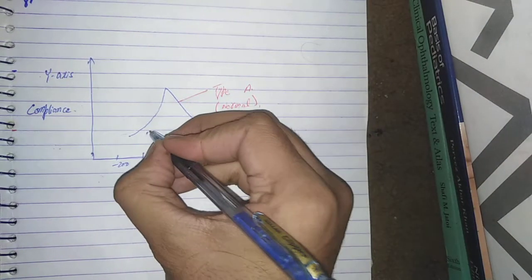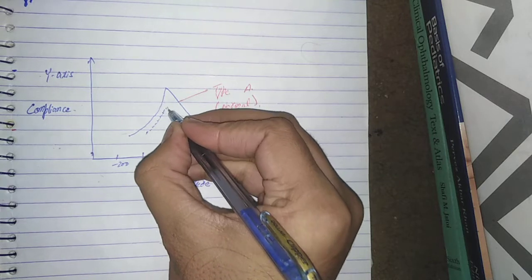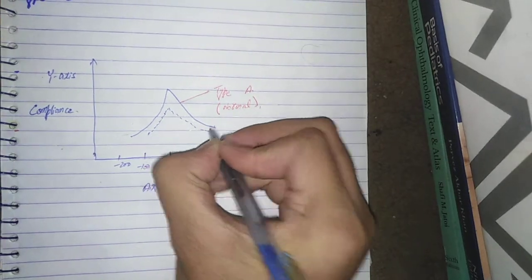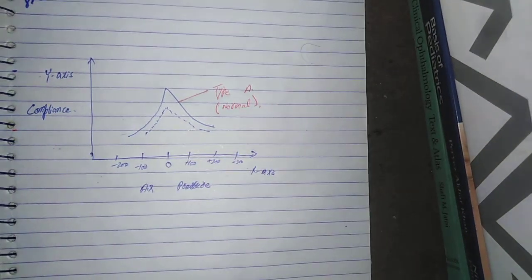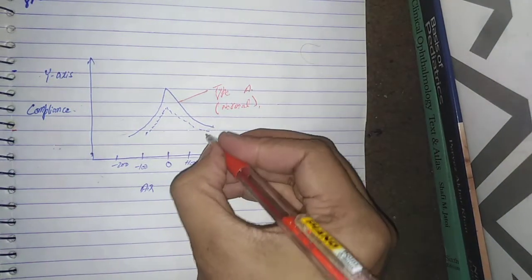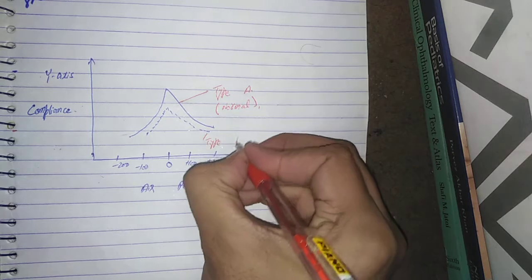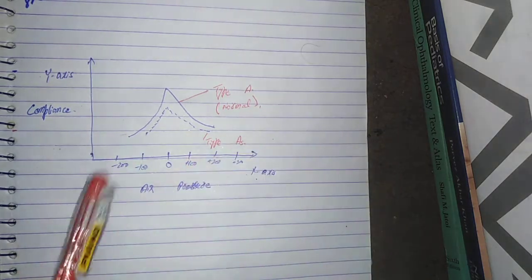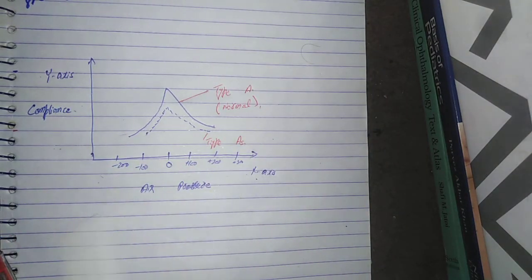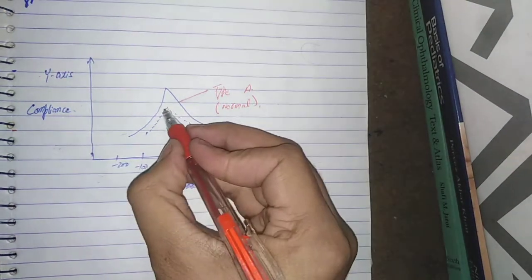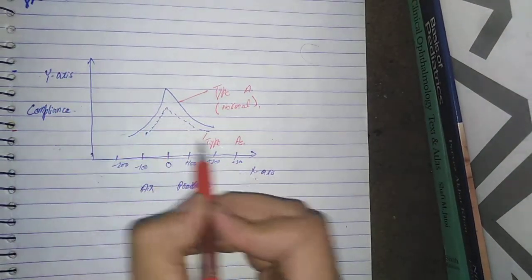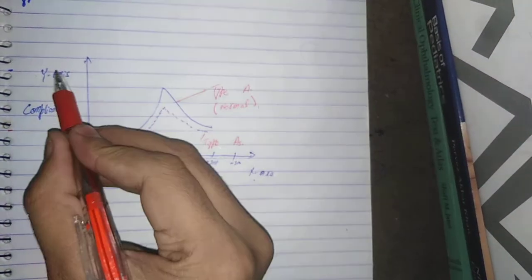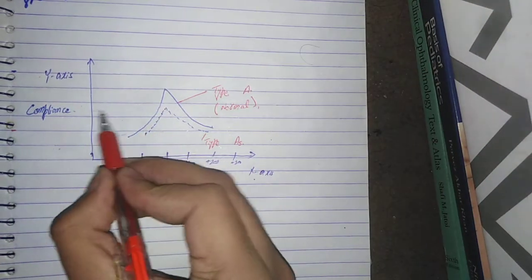Let's suppose this is another tympanogram. This type of tympanogram is type AS. In type AS, as you can see, this tip will show compliance. The compliance in type AS is short. The value is shorter.